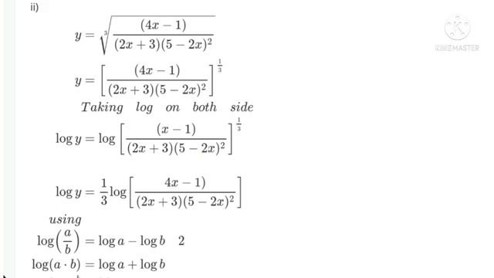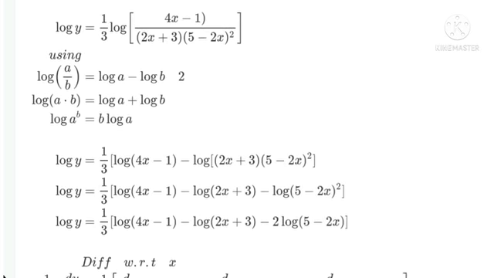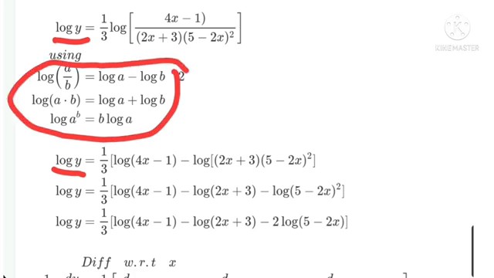Now you use the logarithmic formulas here. Log y as it is. These are the formulas you discussed in the first example also. 1/3 as it is. Log m upon n means log m minus log n. Again use the formula for logarithm. 1/3 as it is. Log (4x - 1) as it is.